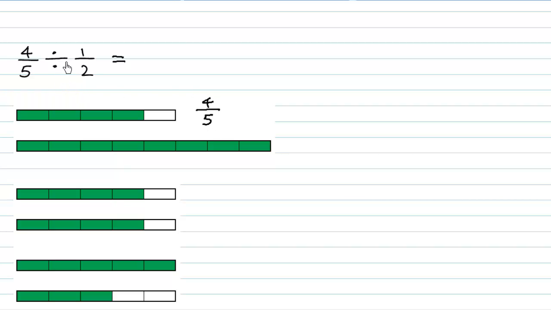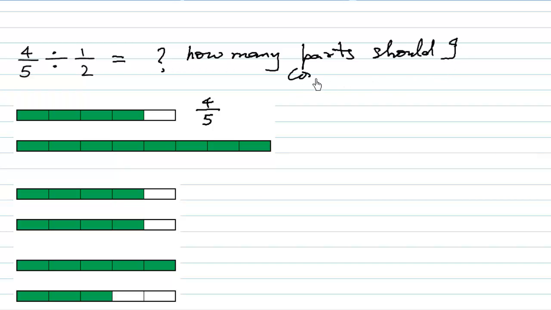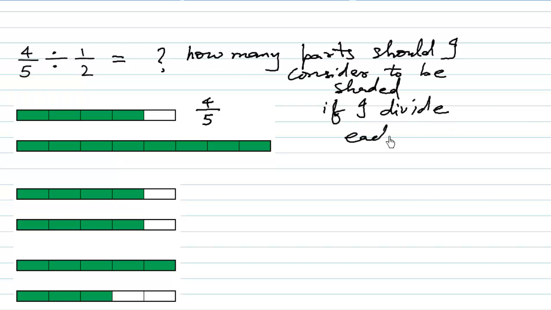Okay. And if I want to divide this into 2, which means how many parts or portions should I consider to be shaded if I divide each part in 2 equal parts?